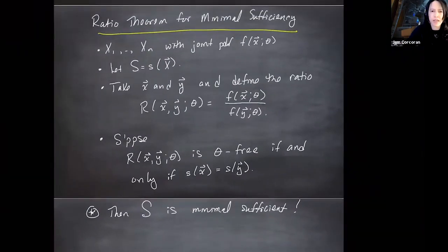I think that's a strange looking thing. I don't know what you think, but I want to prove half of this today. I want to prove what I think is the harder part, and that is to show that S is sufficient. And then on your homework, you're going to get to show that it's minimal sufficient, which is not as bad. Before proving it, I want to try an example to show how we would use this theorem.